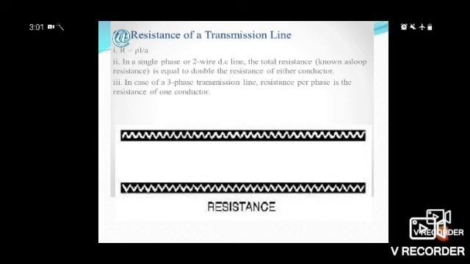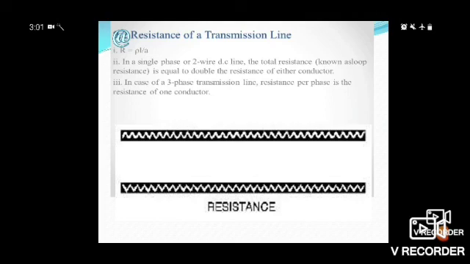The resistance is defined as the loop resistance per unit length of line, given as the sum of the resistance of both wires for unit line length, in ohms per kilometer. In the case of a 3-phase transmission line, the resistance per phase is the resistance of one conductor.